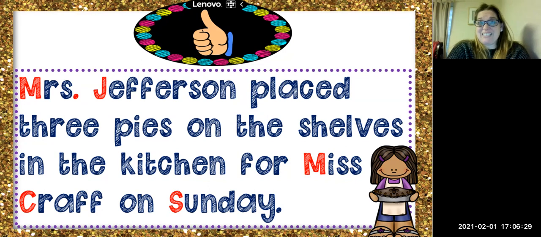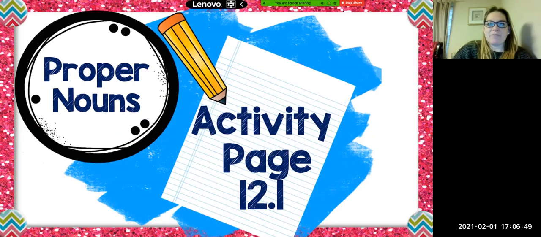I see 3. I know pies are a thing, shelves are a thing, and a kitchen is a place. So those are all nouns. Now, what is the action, the verb of this sentence? Placed is the verb. Very good.